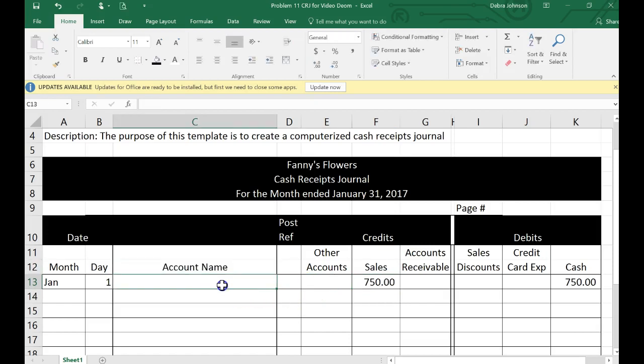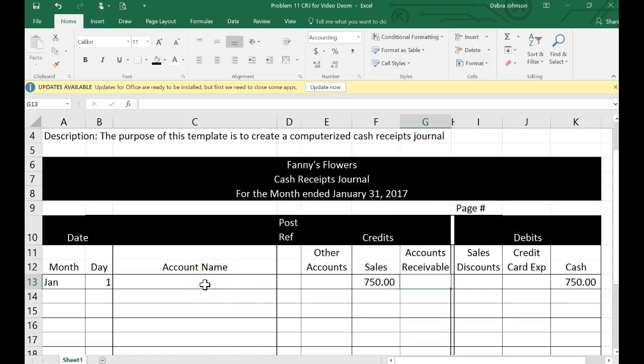This column is used for 2 reasons. If you would have had a number show up in the other column, you would define the general ledger account here. If this amount were in the accounts receivable column, you would put in the account name.